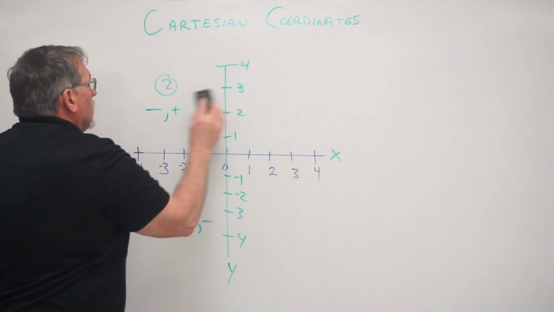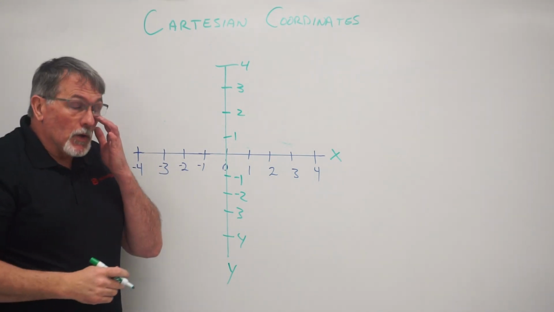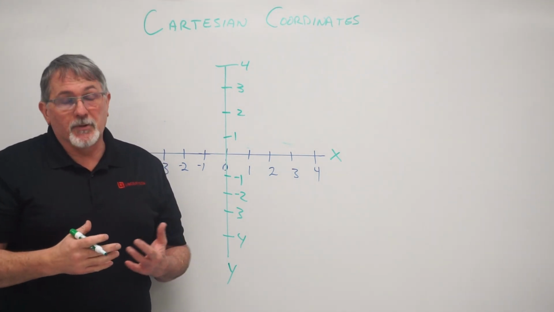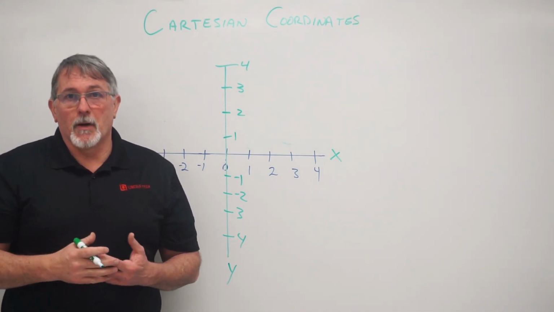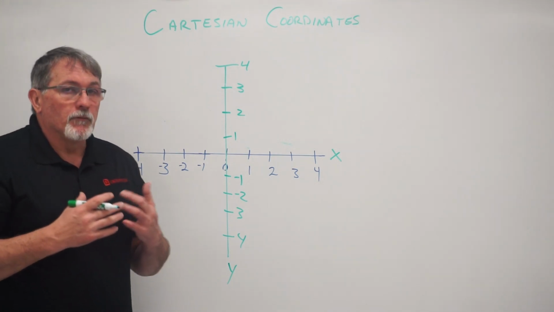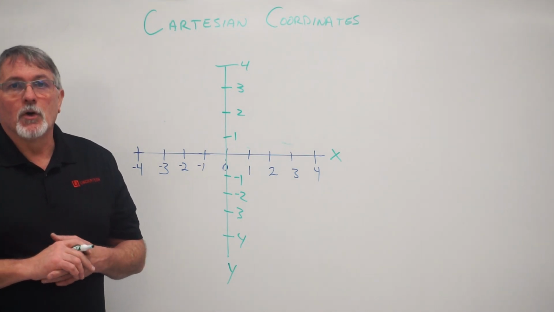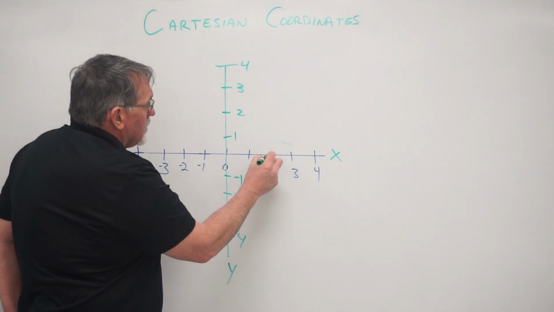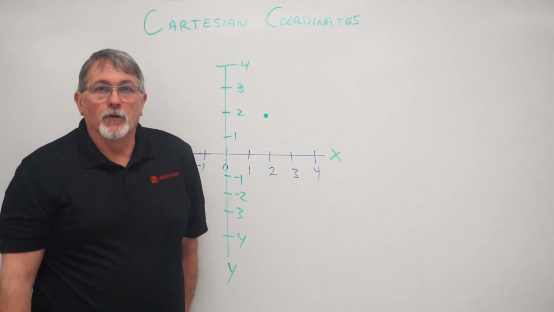So how does this work? When we give a location in a machine, we always have to establish a 0 position. And that position can really be anywhere on your part, anywhere on your machine. That's just determined by the programmer. So if I were to give you a position from 0, 0, we're going to move to an X 2 inches, Y 2 inches. We simply go over in X 2 inches, and then up in Y 2 inches, and that's the position we want to move to.